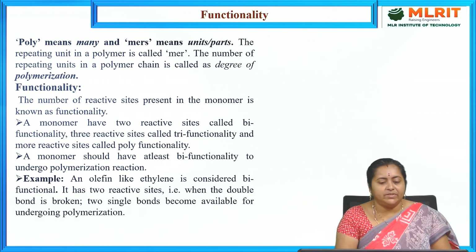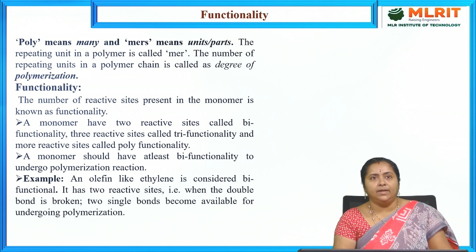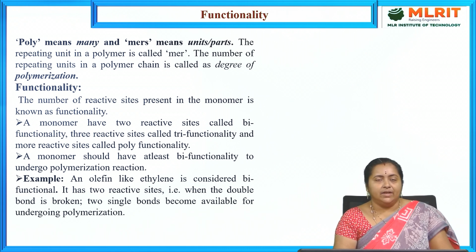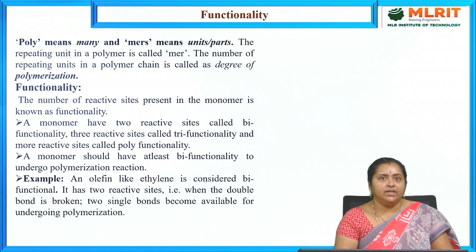A monomer which has 2 reactive sites is named bifunctional in nature, with 3 reactive sites it is named trifunctional, and if it has more than 3, we call it polyfunctional in nature. So at least 2 reactive sites should be present for any monomer to be involved in a polymerization reaction.